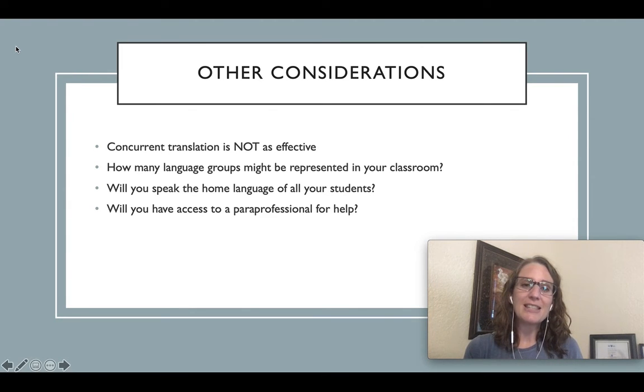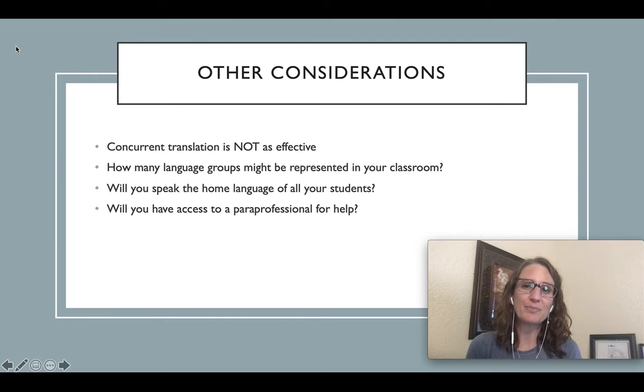The other thing to consider is how many language groups of students you might have in your classroom. We here on the border, let me tell you, this is such a strange place to be. And I know that many of you have grown up here your whole lives. I, as a person from the Midwest who didn't grow up here, when I first got here and was in classrooms, was able to recognize what a different situation we have here, because where I'm from in Minneapolis, you might have an ESL classroom, for instance, in middle school or high school, where you have students who speak 15 different languages.